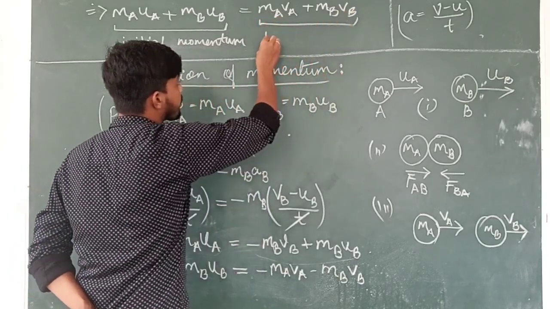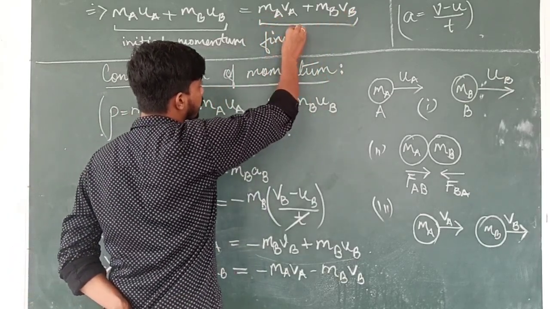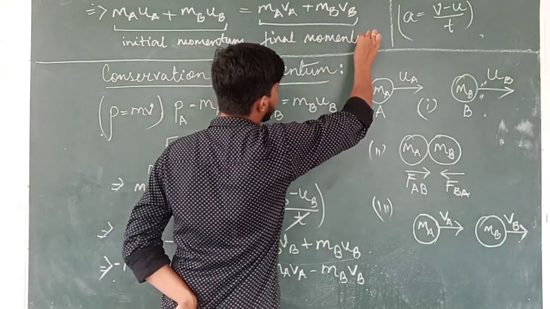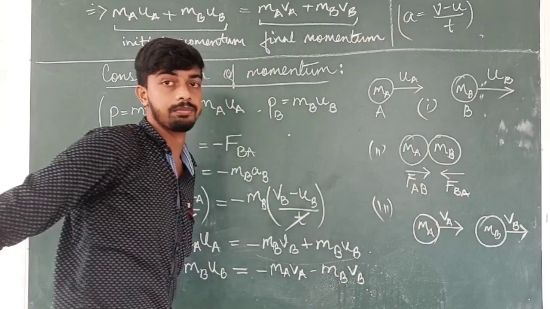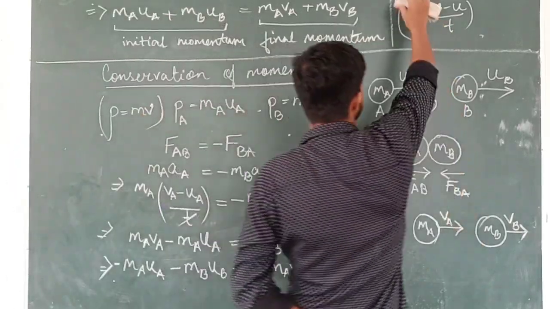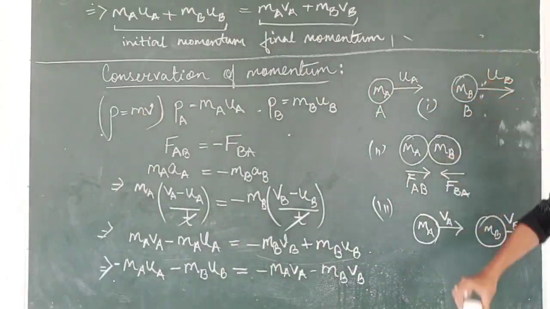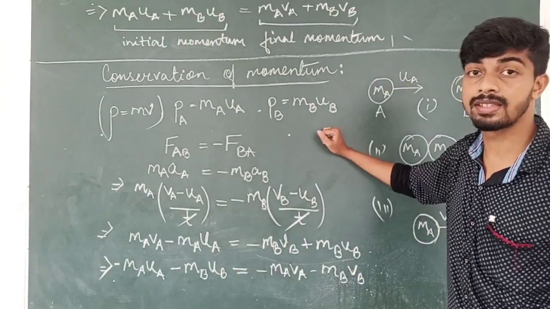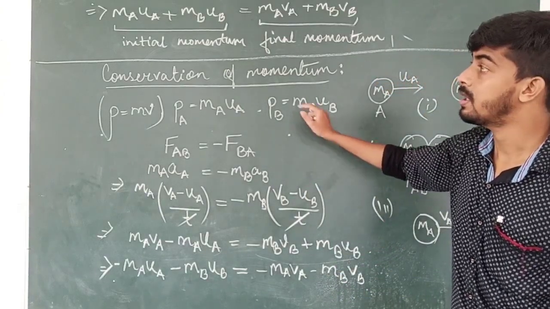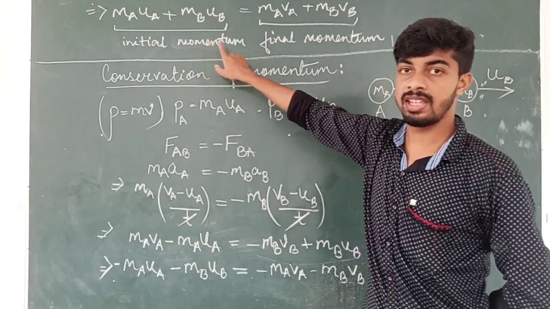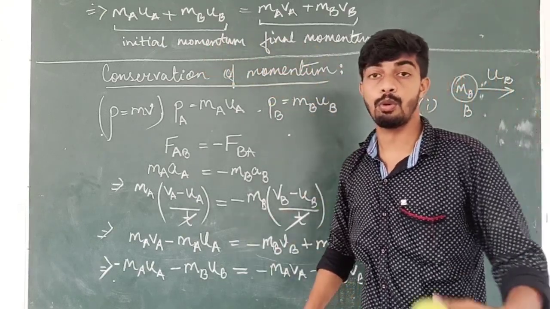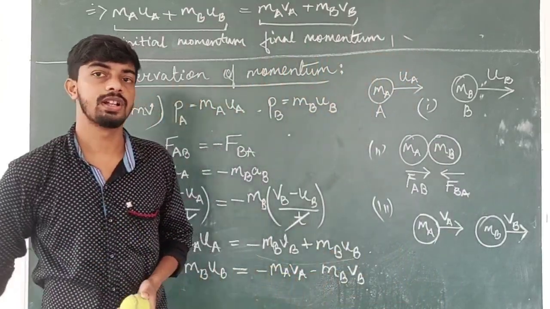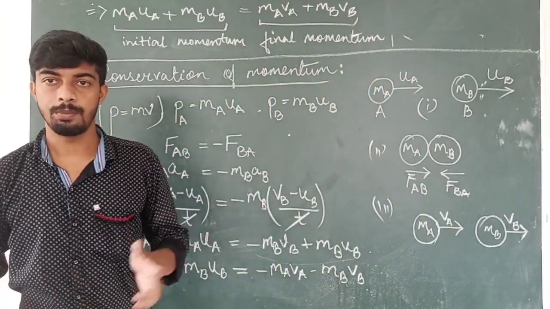And this is the final momentum. So this is how it explains the conservation of momentum. It means the initial momentum is equal to the final momentum of both the objects. Total initial momentum is equal to total final momentum. You can copy it down.